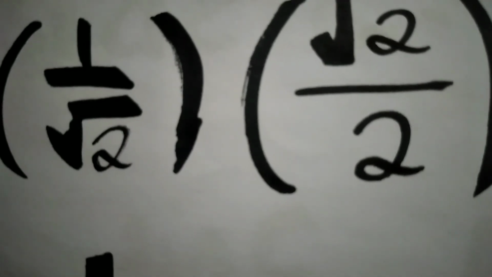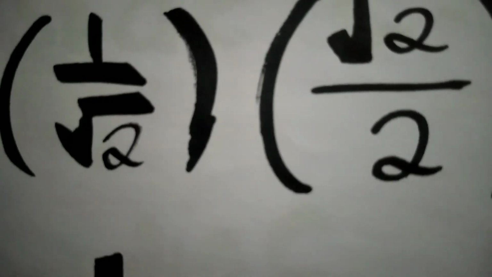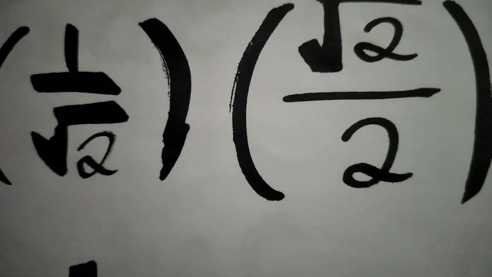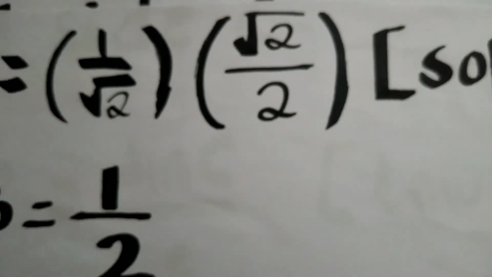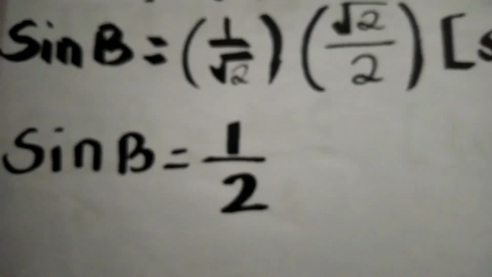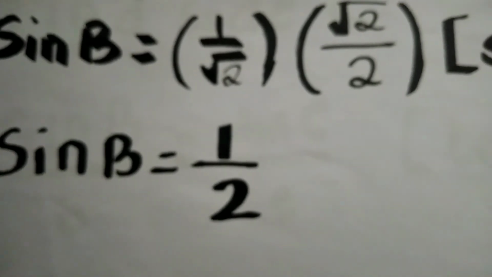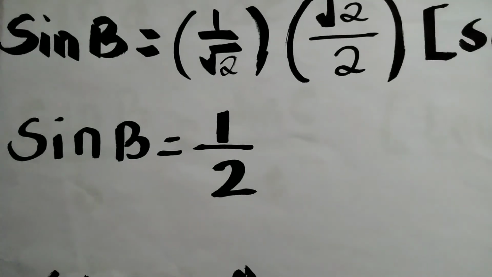Since 45 degrees is our reference angle, we can easily get the trigonometric value. Now to solve for sine B, we multiply 1 over square root of 2 times square root of 2 over 2. That is 1/2.